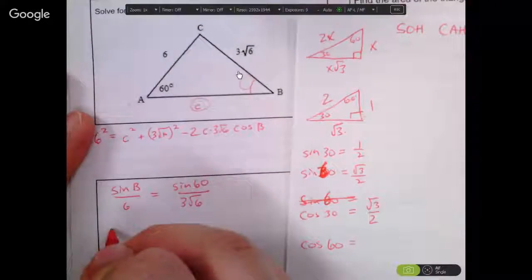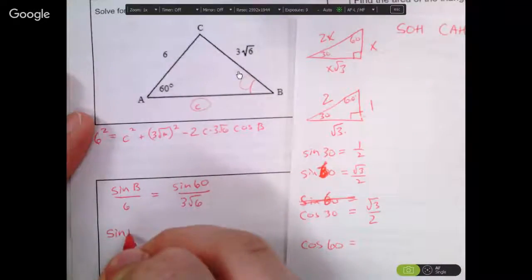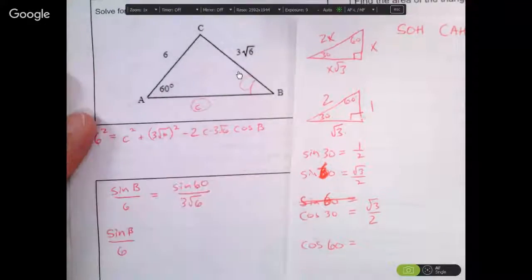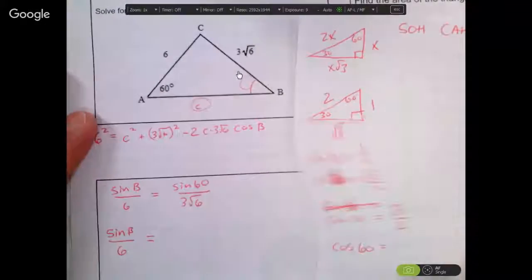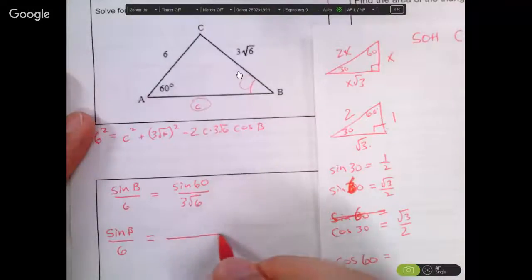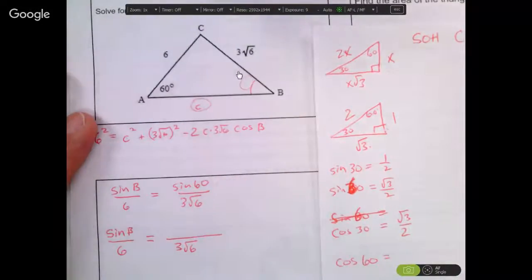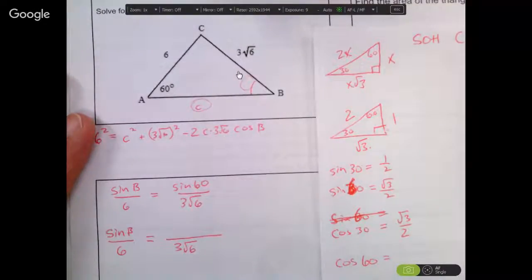Okay, so sine of 60. I want to be very careful here because I think we were confused. I'm going to write this like this. This is still 3 radical 6. Okay, the sine of 60 is radical 3 over 2.